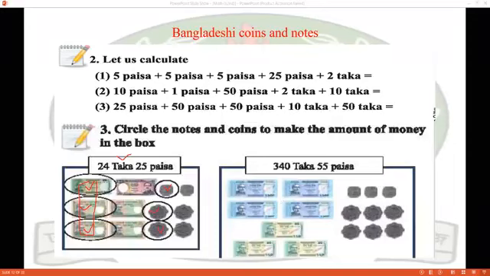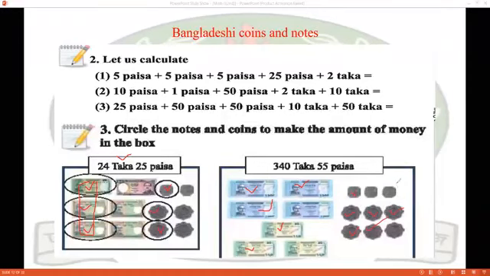So we choose at first 3 100 taka notes, then 2 20 taka notes. This is 340 taka and 55 paisa. So we easily choose 5, 5, 10 paisa. This is 5 10 paisa and 1 5 paisa. But in another way, you can select it in paisa.